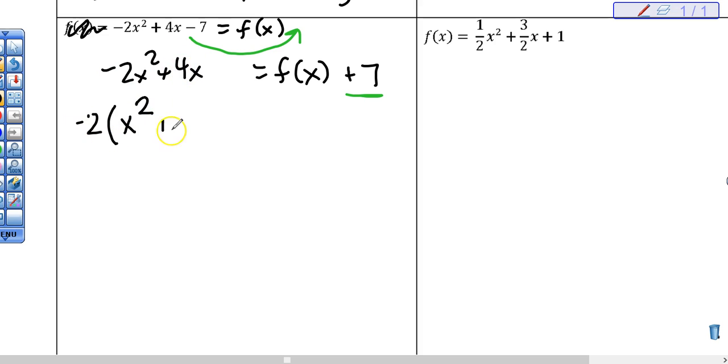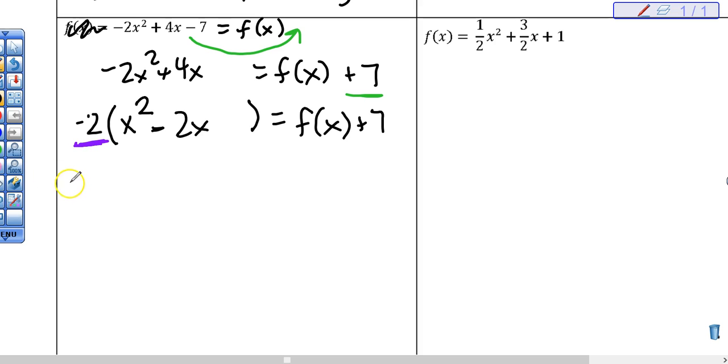Positive 4 divided by -2 is -2x, and that's a negative. I'm going to clean that up because we're factoring out, and we're going to leave that open. Equals f of x plus 7, and I'm going to grab out my purple pen, and I factored out the a. Really important to do that because that's your vertical stretch and your vertical reflection.